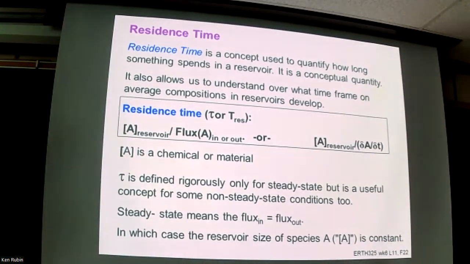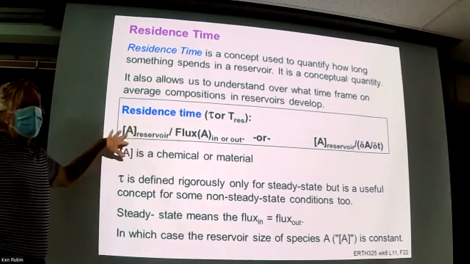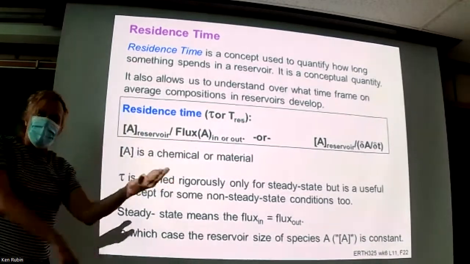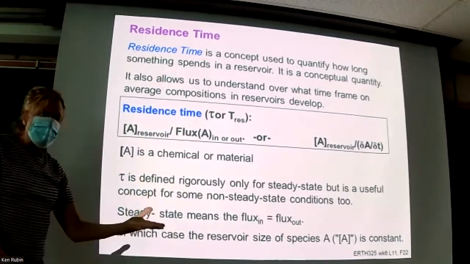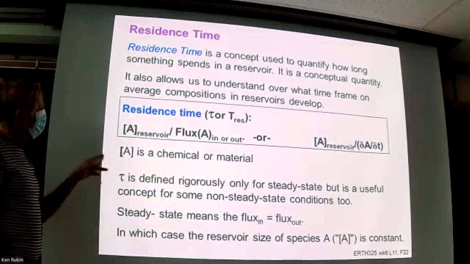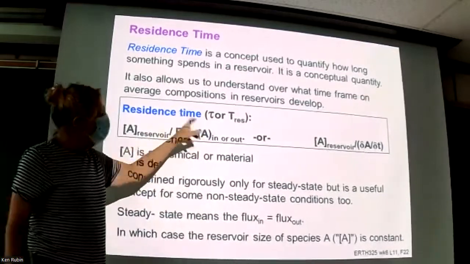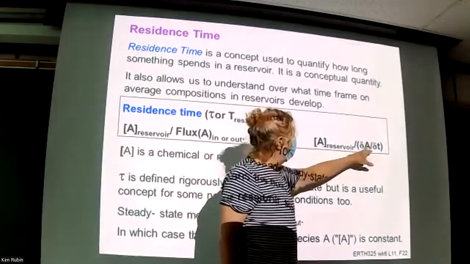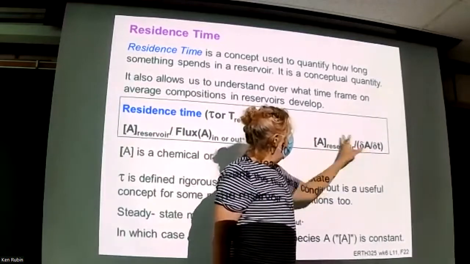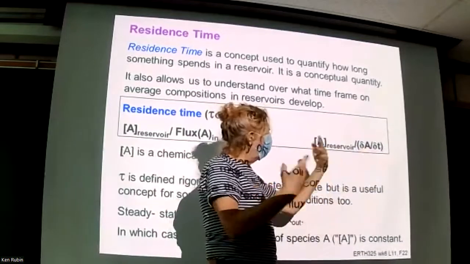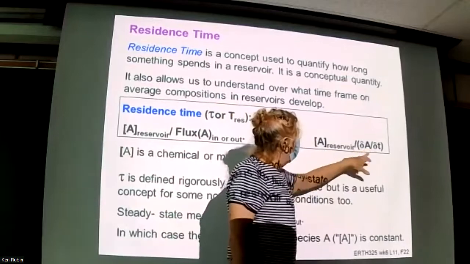Either way, the way we define residence time is to look at the size of the reservoir, and that could be in volume units, it could be in mass units, it could be in mole units, and the rate at which stuff comes in or out, the flux, which is just a rate of change of the parameter A, again being volume or weight or mass or moles over time.